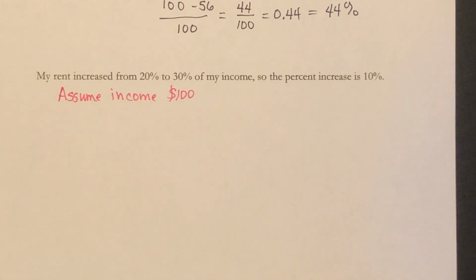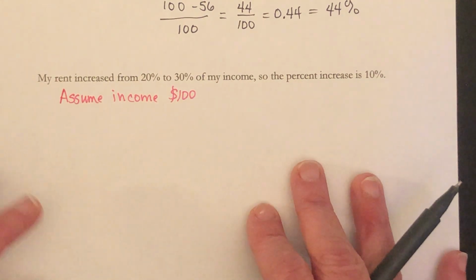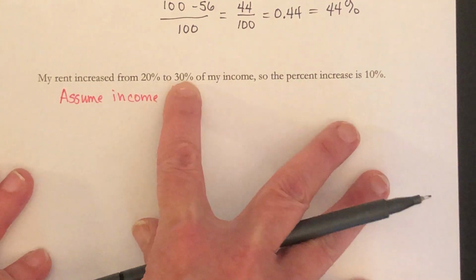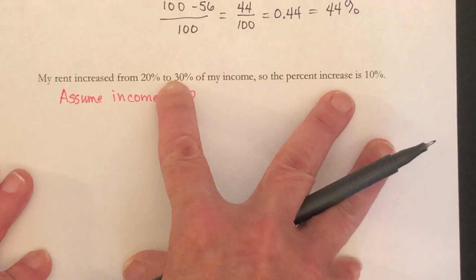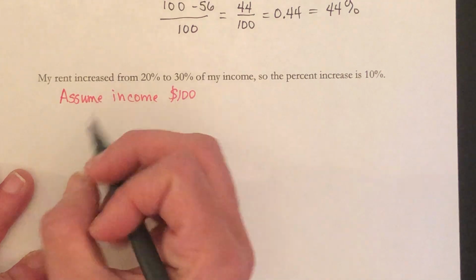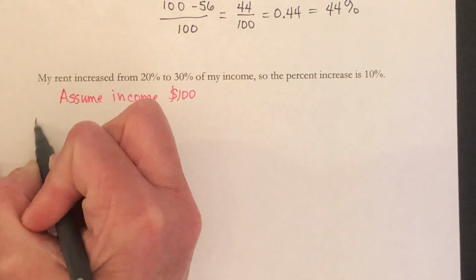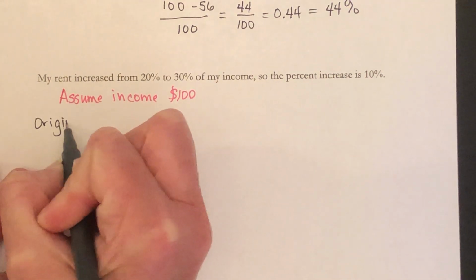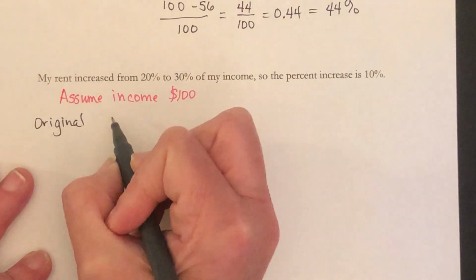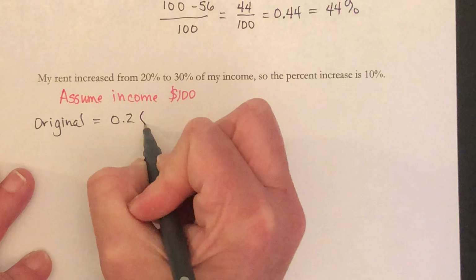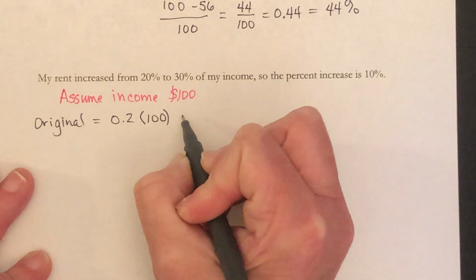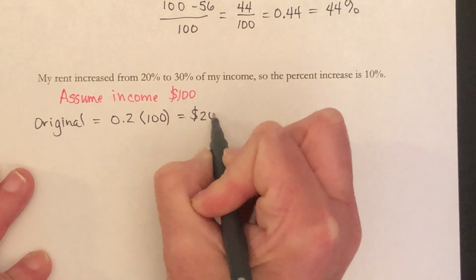As long as it's a power of 10, you're going to find it pretty easy to deal with. Okay, so let's figure out what the cost was when it was 20% of the income and when it was 30% of the income. So the original was 0.2, which is 20% of the income, which is $20.